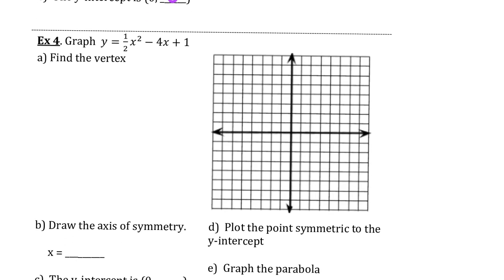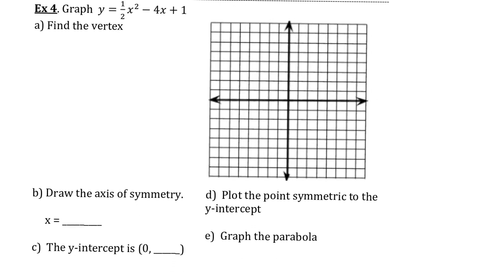Okay, one more with a fraction. Again, a, b, c. Don't have to list them out if it's not useful to you. So 1/2 x² minus 4x plus 1. h equals negative b.